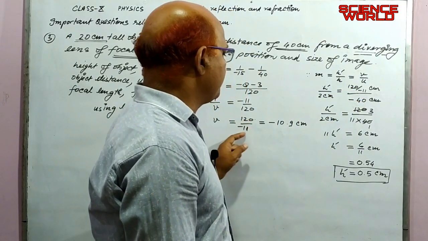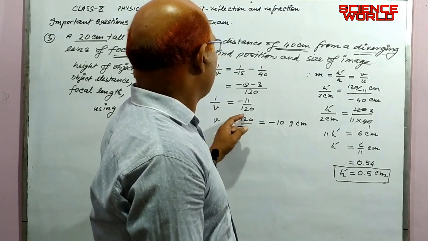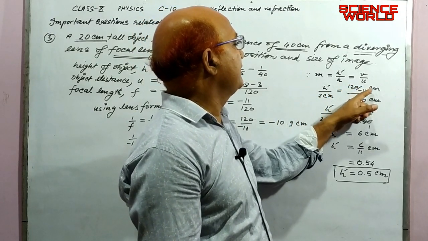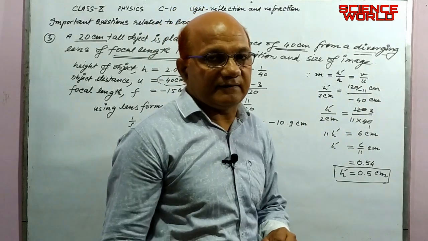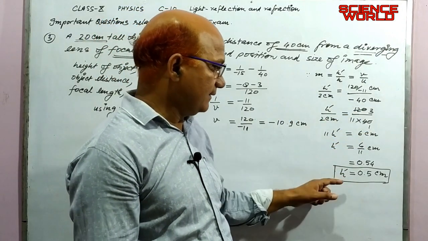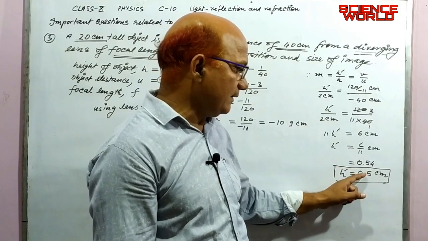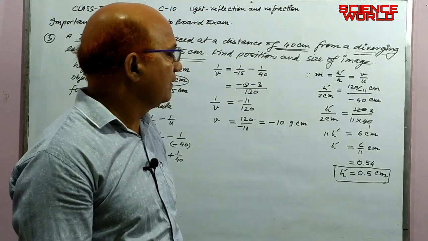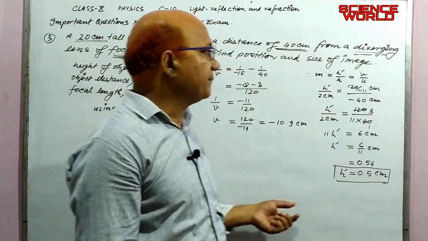We can use this value, it will make the process easier. 120 by 11 centimeter upon minus 40 centimeter. It is object distance. Now, you solve like this and you will get h dash equal to 0.54 centimeter or 0.5 centimeter. h dash means height of image. So, this is the complete solution.